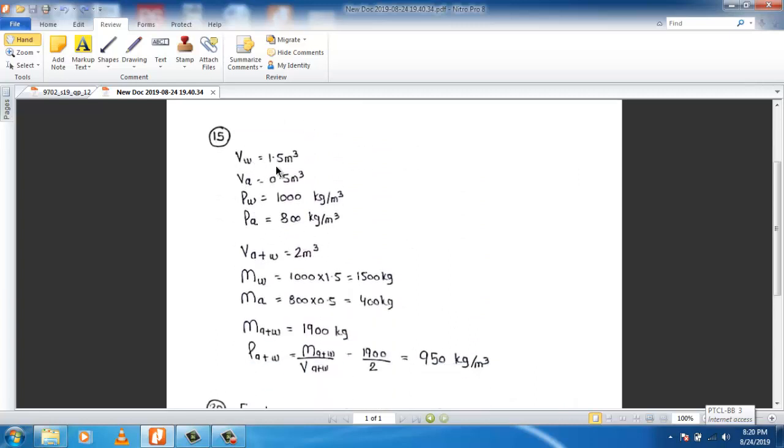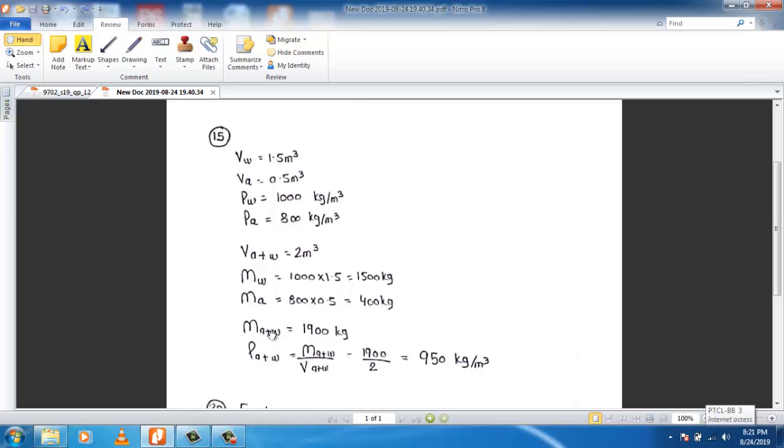The volume of water is 1.5 meter cube. The volume of alcohol is 0.5 meter cube. The density of water is 1000. The density of alcohol is 800. And the volume of the mixture is 2 meter cube. So you can calculate the mass, density times volume. It's 1500 kg mass of water, and the mass of alcohol is 800 times 0.5, that becomes 400 kg.